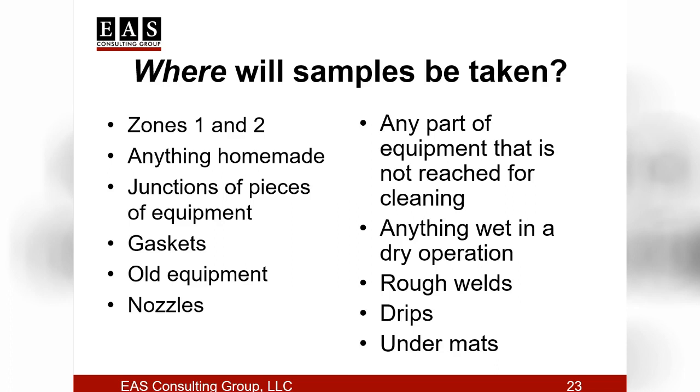Once I was in a dry operation manufacturing a powder, and it was their bagging room, and I noticed a slow drip from an overhead pipe, and I pointed it out. One of the challenges when I'm in a facility is anything that I point out, I always like to see whether the company is repairing it right away, or at least by the next day when I come in if it's been repaired, and that's an indication of your food safety culture.